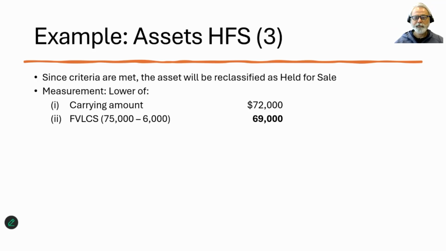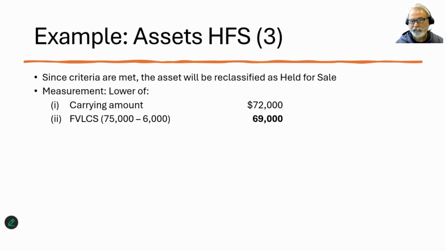Now the fair value, well, if we go with $75,000, if that is close to the amount at which we have listed the asset for sale, if we assume that that is what its fair value is, there is a cost of sale, right? There's an 8% charge for sale.